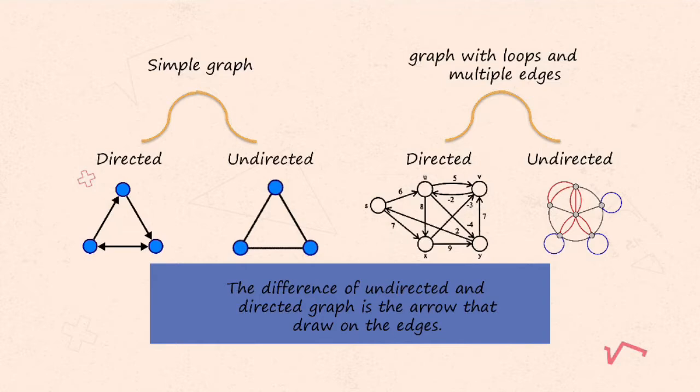As we can see from the example below, the simple graph has a triangle shape, while the graph with loops and multiple edges has a complex shape. The difference between undirected and directed graphs is the arrow drawn on the edges.